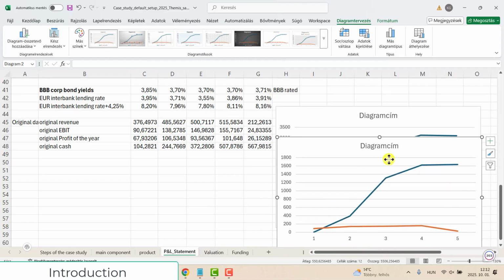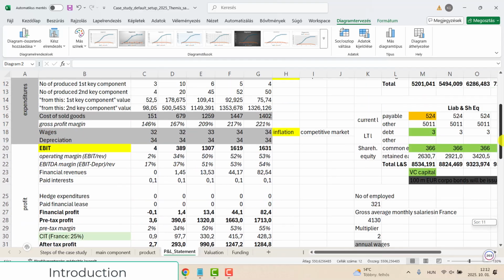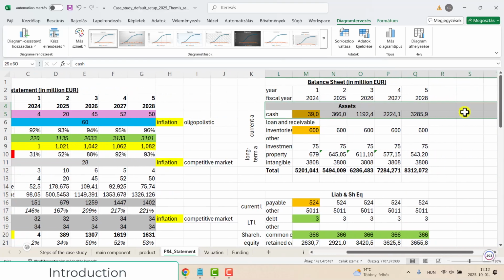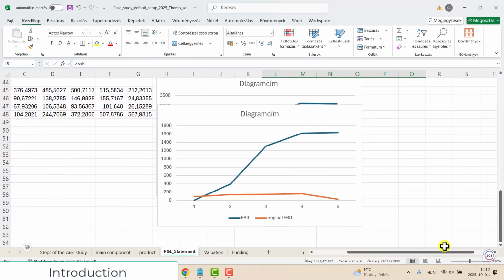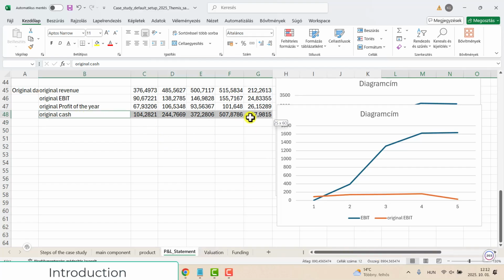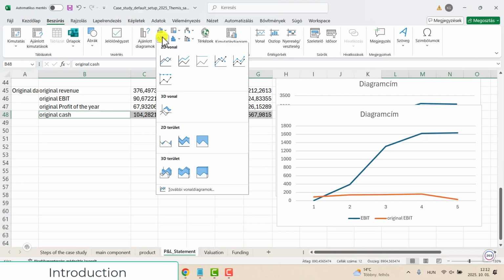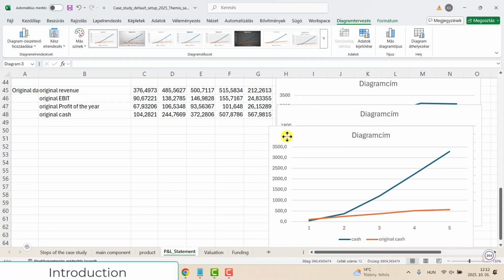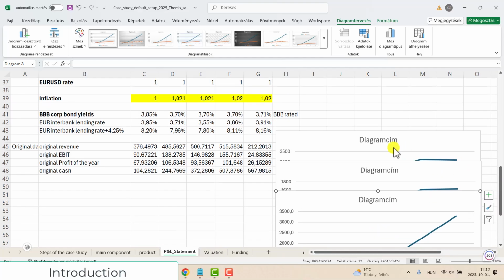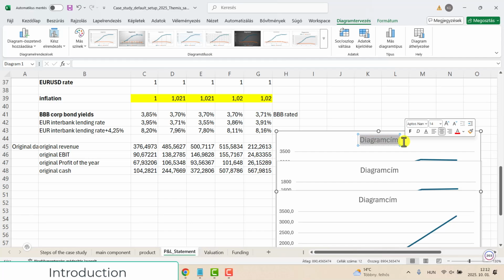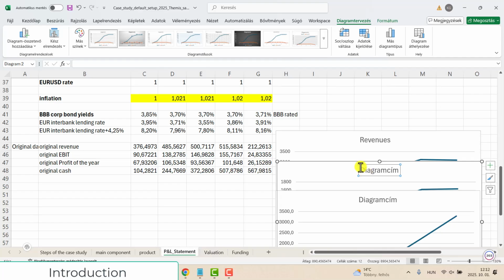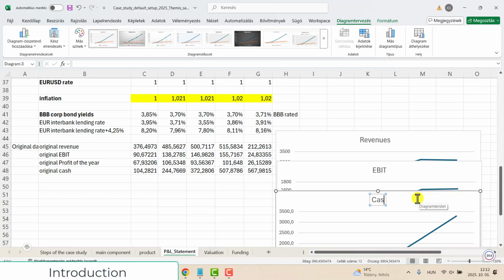We have the similar rows. Maybe we will skip profit of the year because what we are interested in is cash. So now we can say that, okay, we have revenues, we have EBITs, and also we have the cash reserve.